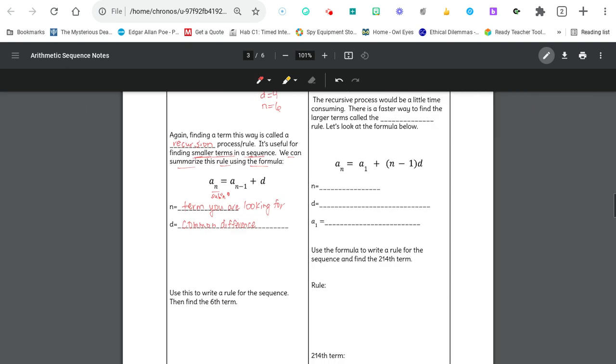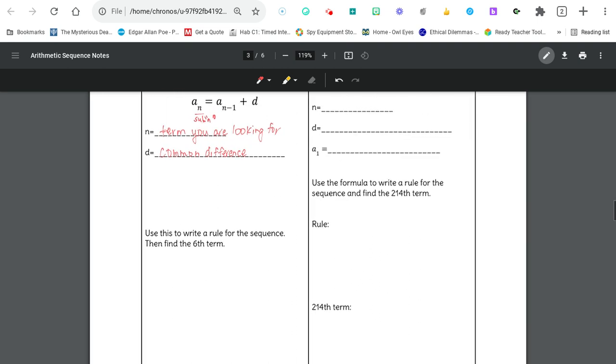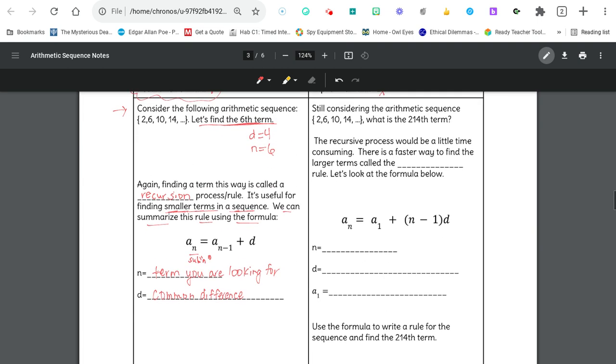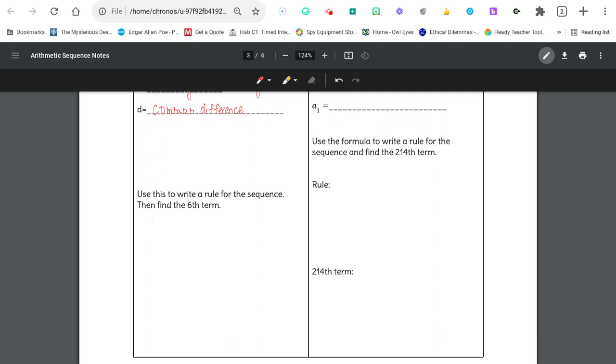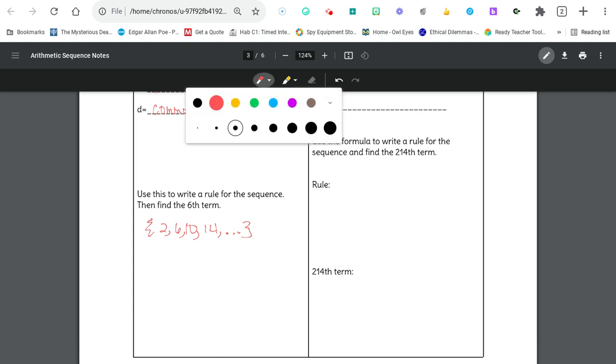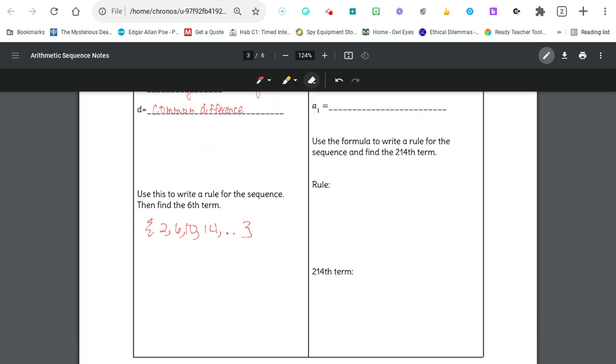I'm going to go on down here. Let me write that down: 2, 6, 10, 14. I'm going to make this thicker because I don't like it being so thin.